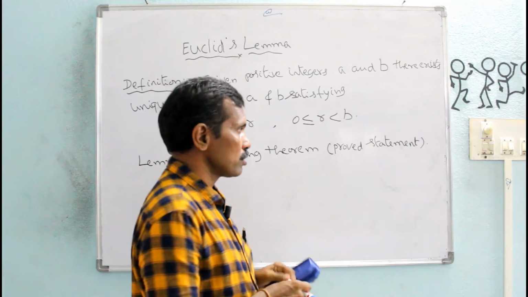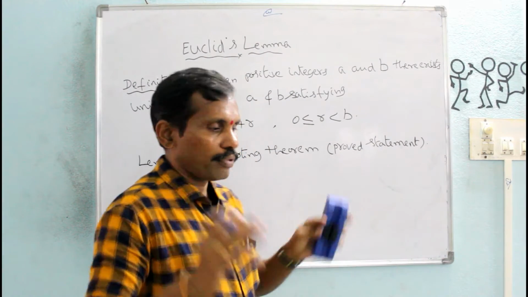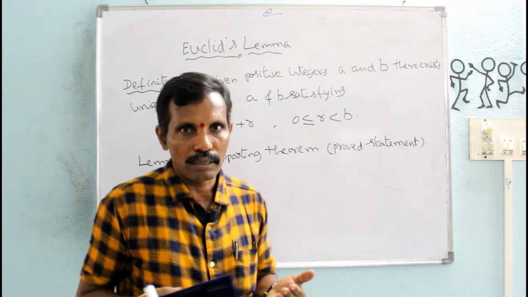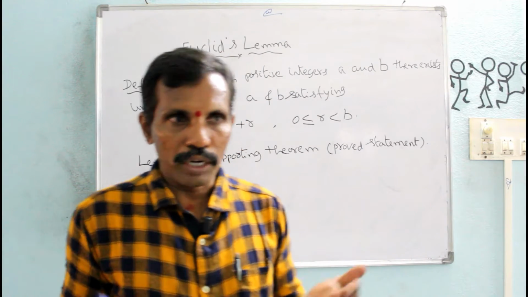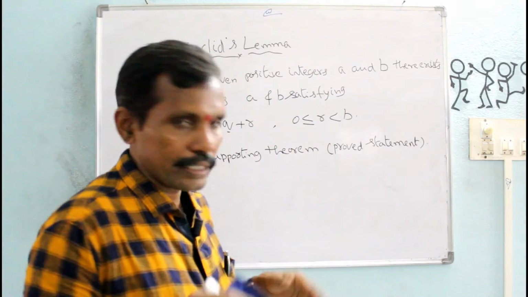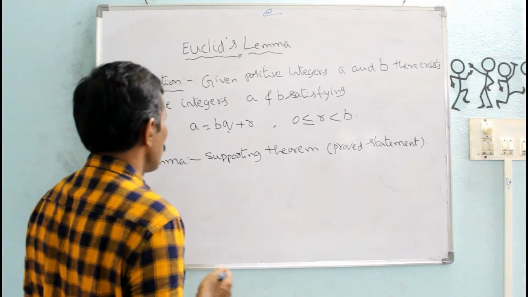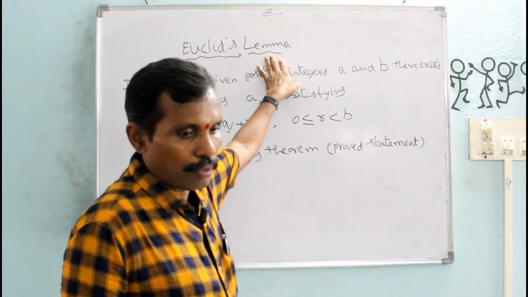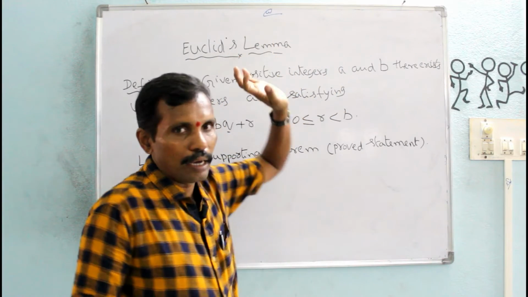By using numbers we can find some types of factorization. What is factorization? What is multiplication? What is least common multiple? What is highest common factor? These are all to be found out. In this case, we have one formula, that is Euclid's lemma. What is meant by lemma?